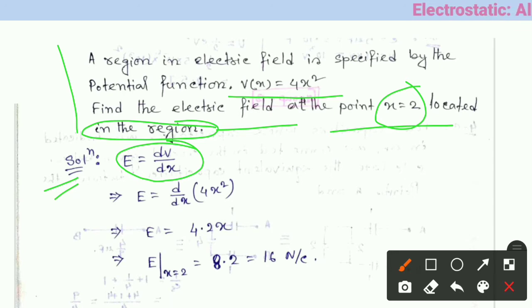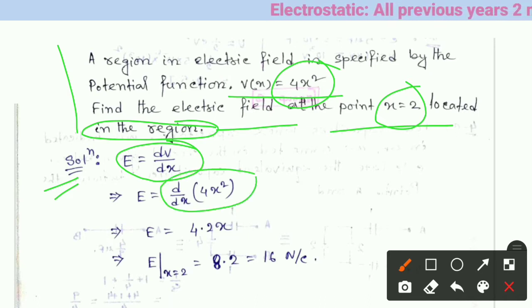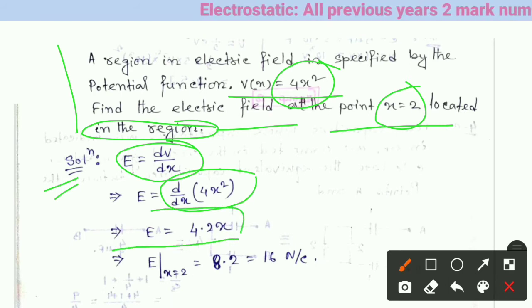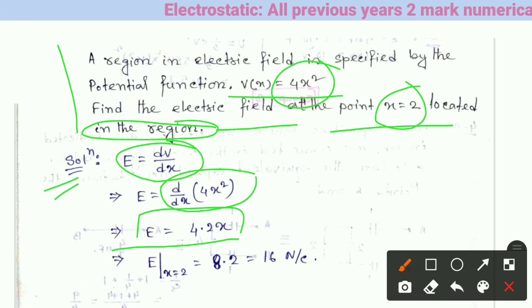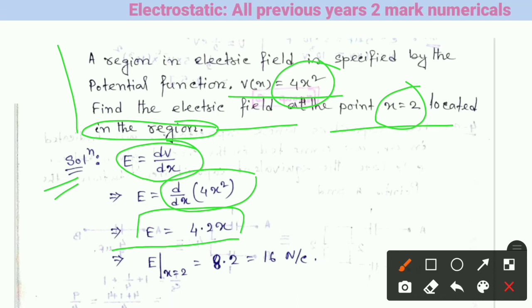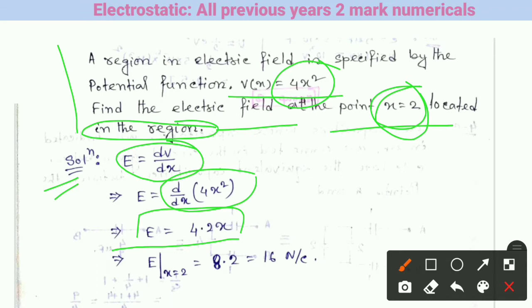Now putting the value of V, which is 4x square, E is equal to d by dx of x square. After differentiating, we will get E is equal to 4 into 2x. Now we have to find out the electric field at the point x is equal to 2.